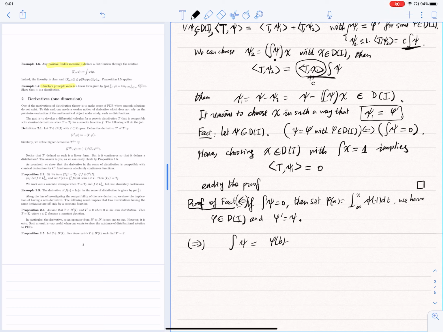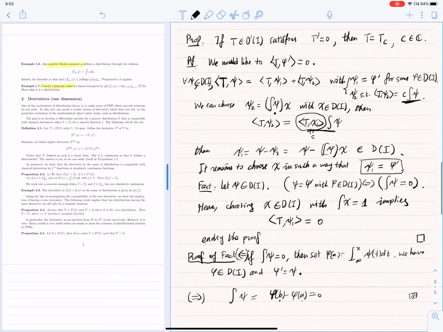So phi of b minus phi of a, and this is actually equal to 0 because the support of psi is included in the support of phi, right? B is the right-hand point of the support of phi, and A is the left-hand point of the support of phi, which gives us 0. Okay, so this is it.